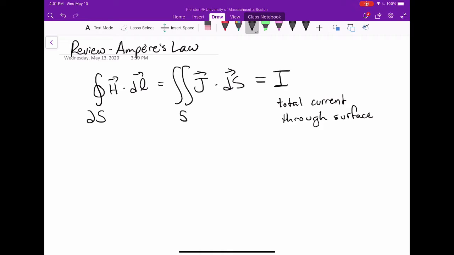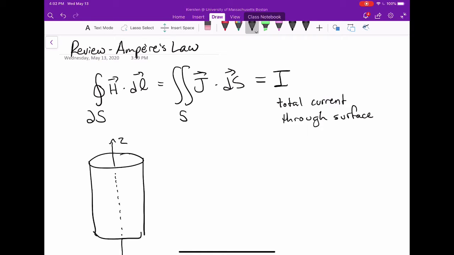So if that's Ampere's law, let's pick a problem and do an example. Let's say we have a long cylindrical conductor whose axis is along the z-axis, and whose radius is A. And inside it, it has a current density J equals z hat J naught e to the minus r.